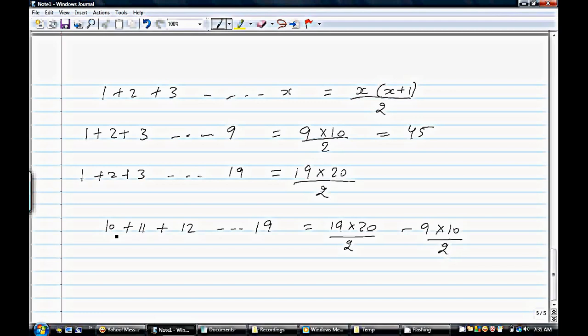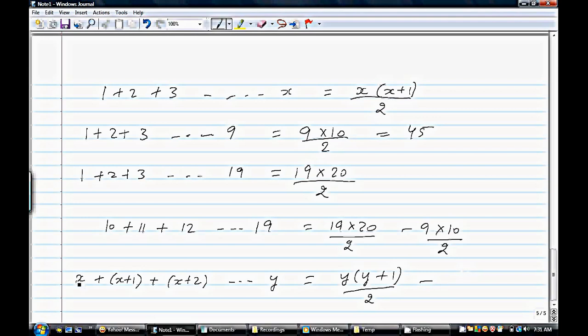So this can also become a general formula. For example, if I have x plus 1 plus x plus 2 and it goes to y, then all I have to do is first add numbers from 1 to y, that will be y into y plus 1 divided by 2, minus numbers from 1 to x minus 1.